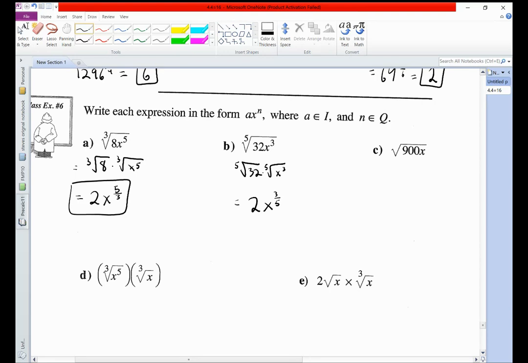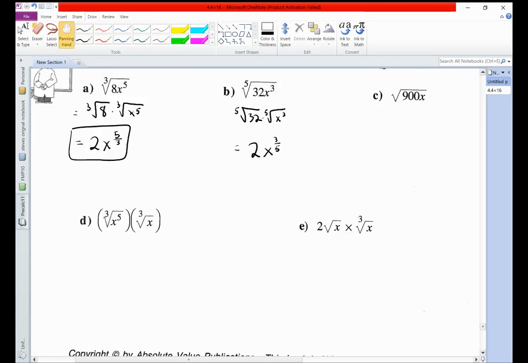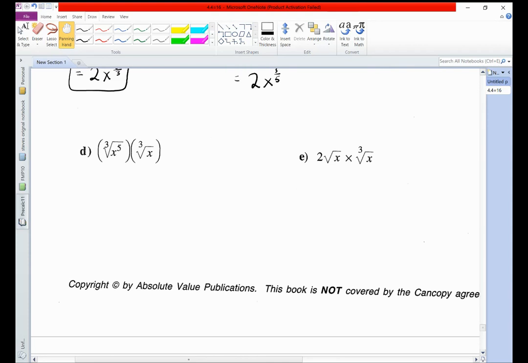And then we can do the same thing with the 900x, so I'm just going to skip that one. So here we have the cube root of x to the power of 5 multiplied by the cube root of x. So you can convert these into x to the power of 5 over 3 multiplied by x to the power of 1 over 3.